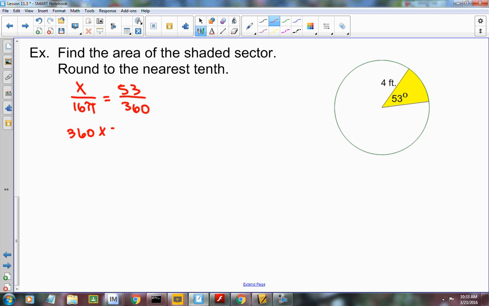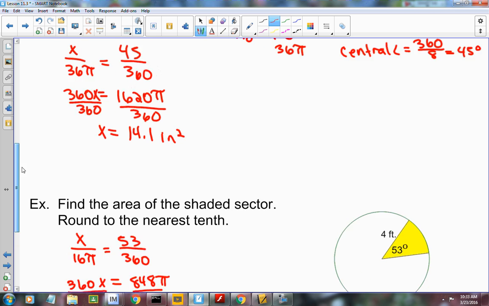We get 360x equals 16 times 53, which is 848 pi. And then we divide both sides by 360. And we get 7.4 feet squared.